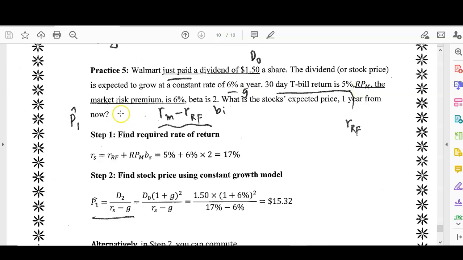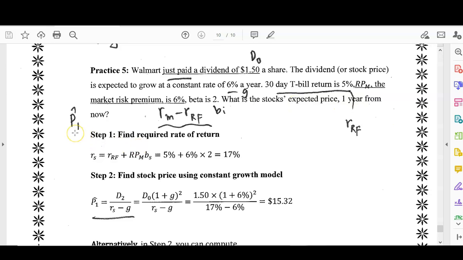RPM, the market risk premium, is 6%, which means RM minus RRF is 6%. This time we're not given the market return, we're given the market risk premium, so it's not RM, it's RM minus RRF as 6%. Beta is 2. What is the stock price 1 year from now?